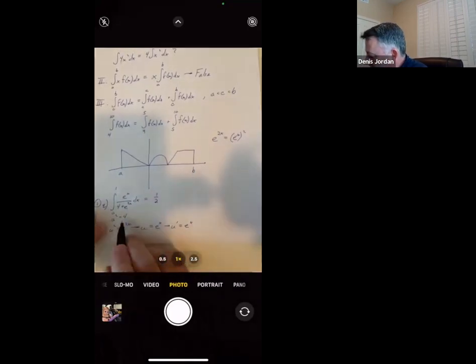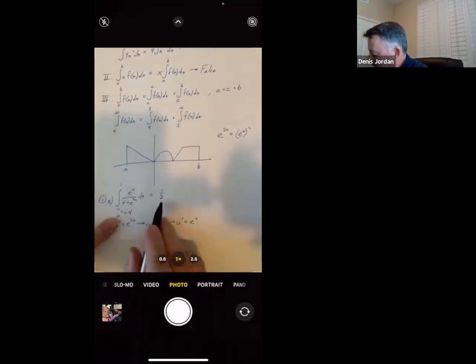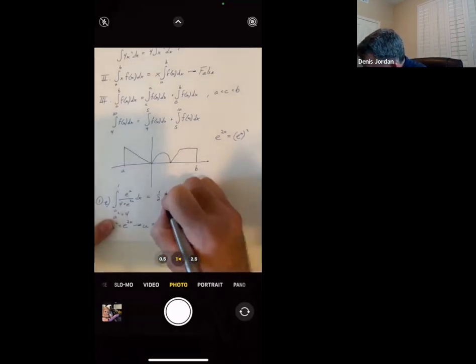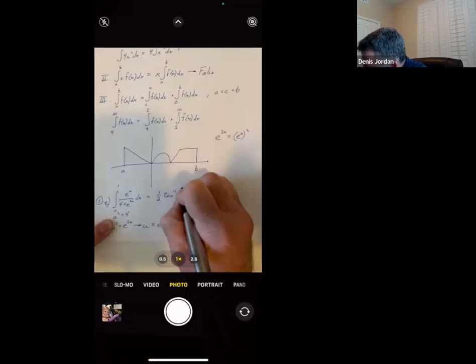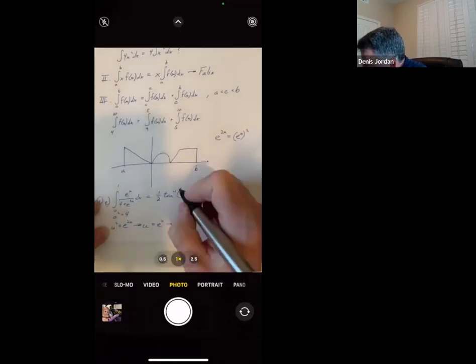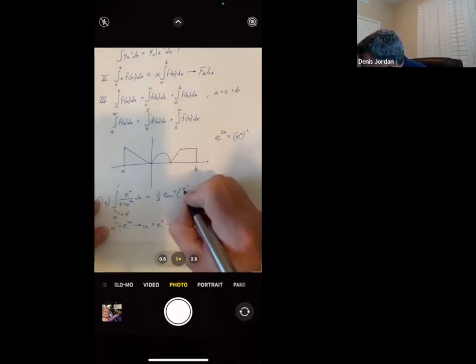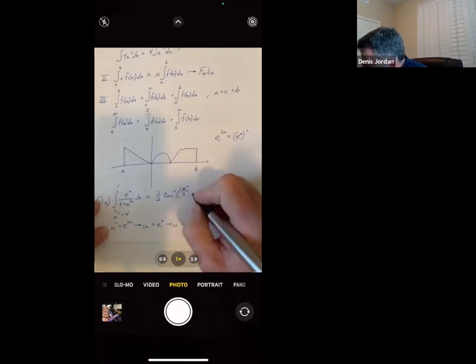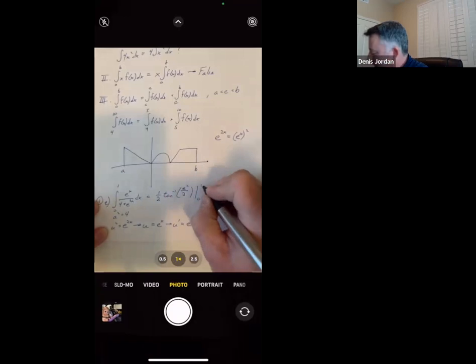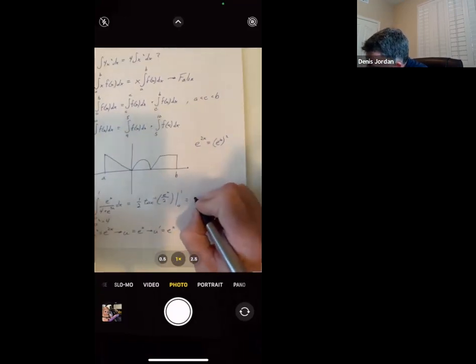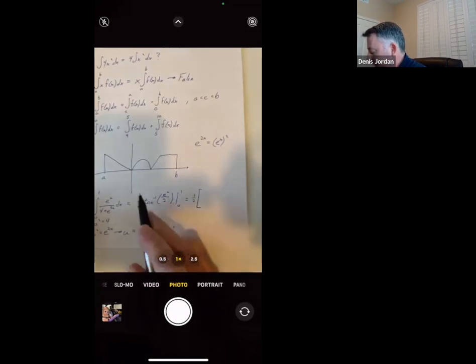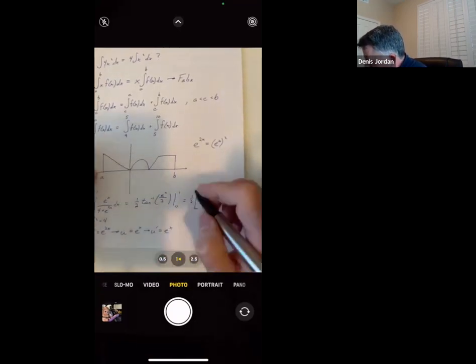So 1 over a, and your a squared is 4, so a is 2. And then inverse tangent of u over a, so e to the x all over 2, going from 0 to 1. Again, I'll just stick that half on the outside.